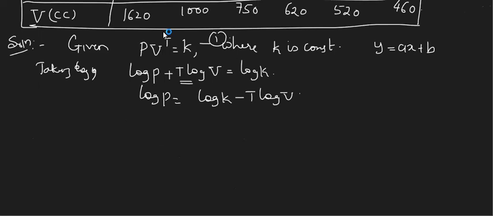So log P, I'll take it as y. Correct? Because P is a variable. Log K. Can we keep it in the same form? Which form? Log P only. No, ma'am, the upper equation. Log K equal to log P plus T log V. In this format you want to take. So how have we written the normal equations?